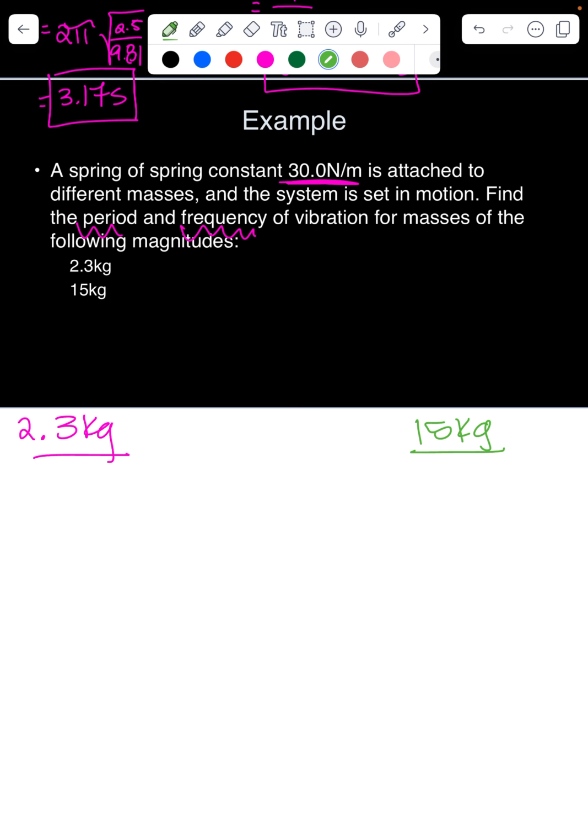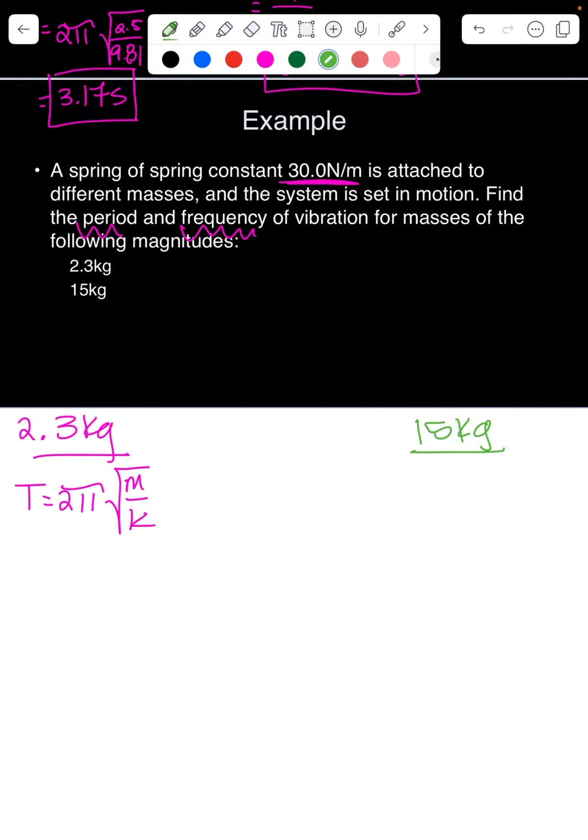This is a mass on a spring system, so you should know that we have to find the period first before we can find the frequency. We're going to use our second equation. Period is equal to 2 pi times the square root of the mass divided by the spring constant.